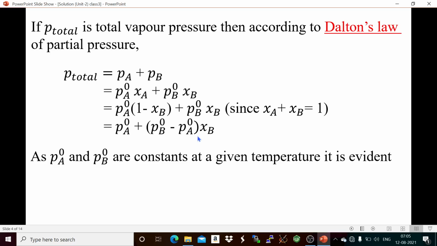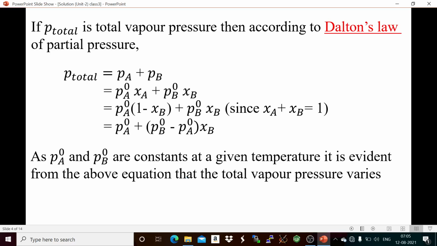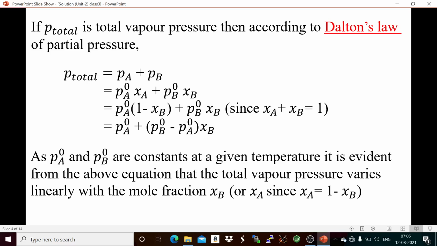So they are constant at a given temperature. So we can say that total vapor pressure varies linearly with the mole fraction XB, or if we replace XB by XA, then we can say total vapor pressure varies linearly with mole fraction of XA.